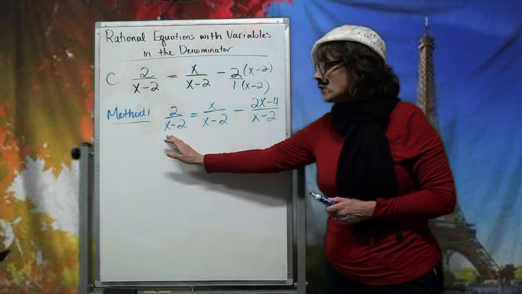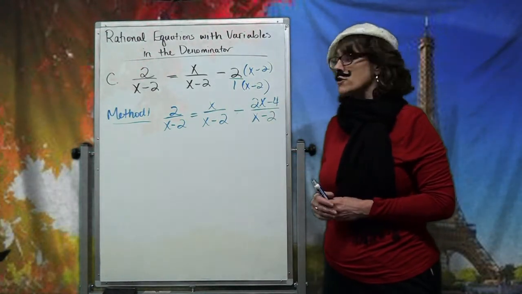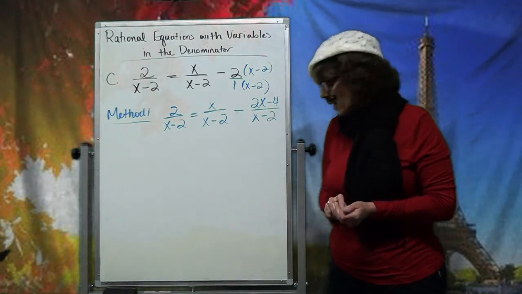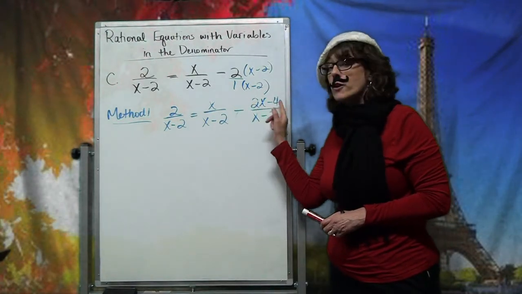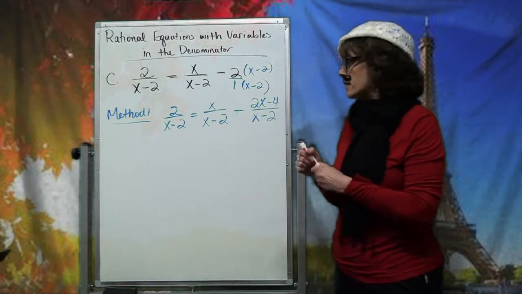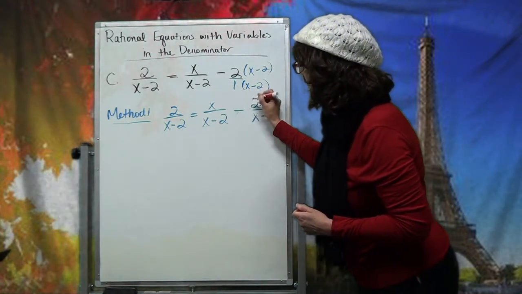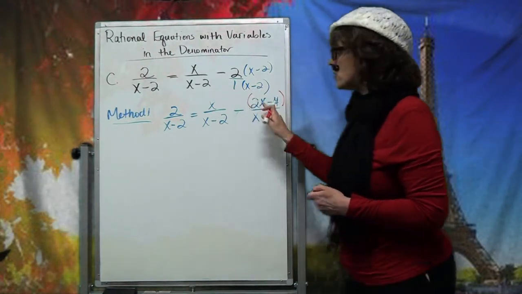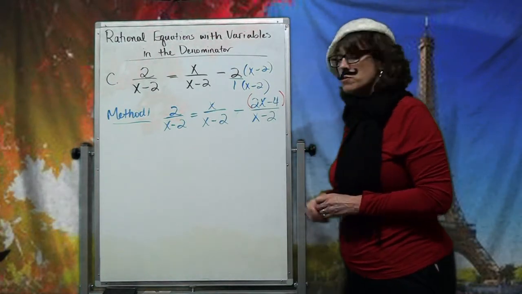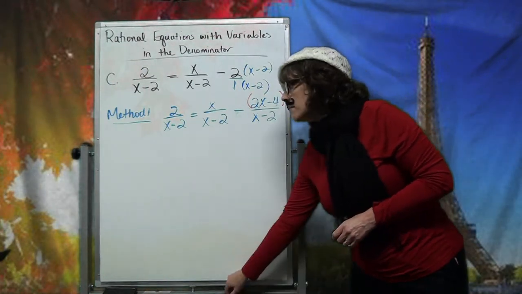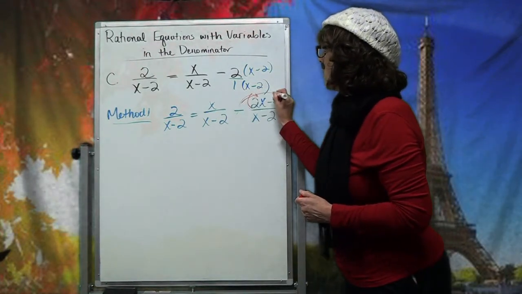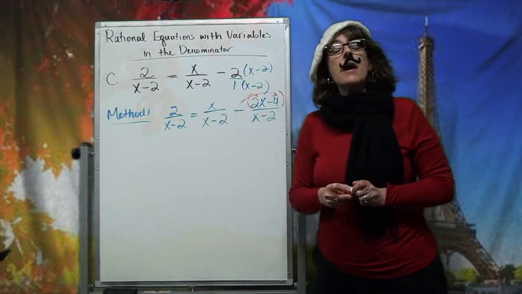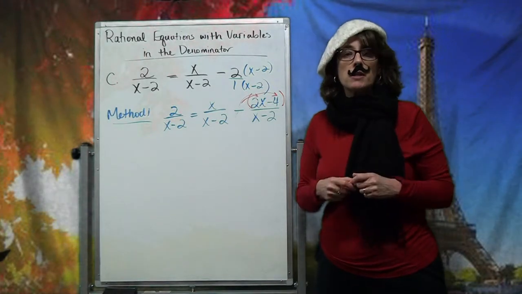Now that I've got common denominators, I'm going to combine those numerators. Here's where I said we have to be very careful, because recall, I'm subtracting the entire numerator, all of it. So I'm going to put parentheses around it to remind me I am not just subtracting that 2x, I'm also subtracting the negative 4. That means I need to take this negative right here and distribute it all the way through that parentheses. That was the step I said we'd get to in just a minute.